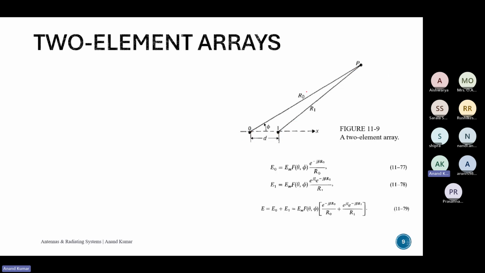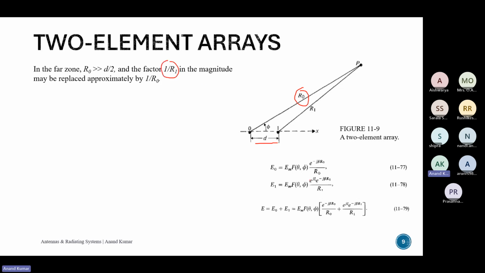The first one being, since the distance r naught is much greater than d by 2, this 1 by r1 over here can be interchangeably written as 1 by r naught as well. So r1 and r naught are kind of similar. Their magnitudes are very similar as compared to d.